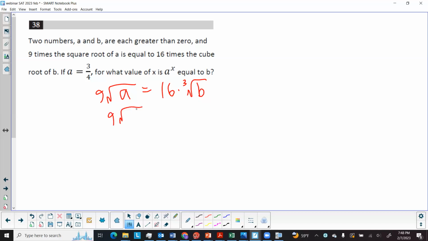So 9 times the square root of 3/4 equals 16 times the cube root of B. So we've got to not only just solve for B, but also then for what value of X is A to the X equal to B? A to the X, so 3/4 to some power equal to B.